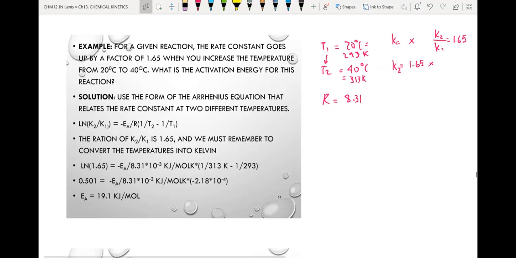This one, we are using times 10 to the -3 kilojoules per mole Kelvin. If you want to write it this way, moles to the -1, Kelvin to the -1.